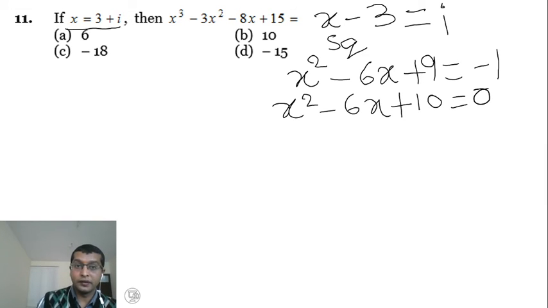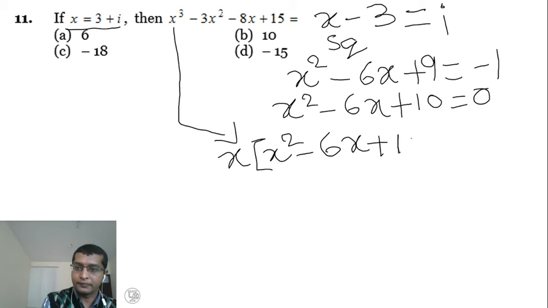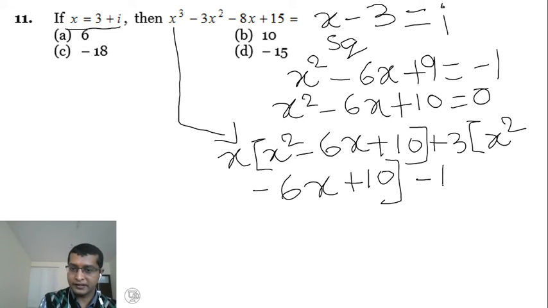Then this x cube minus 3x square minus 8x plus 15 can be written as x into (x square minus 6x plus 10) plus 3 times (x square minus 6x plus 10), close this, minus 15, right?